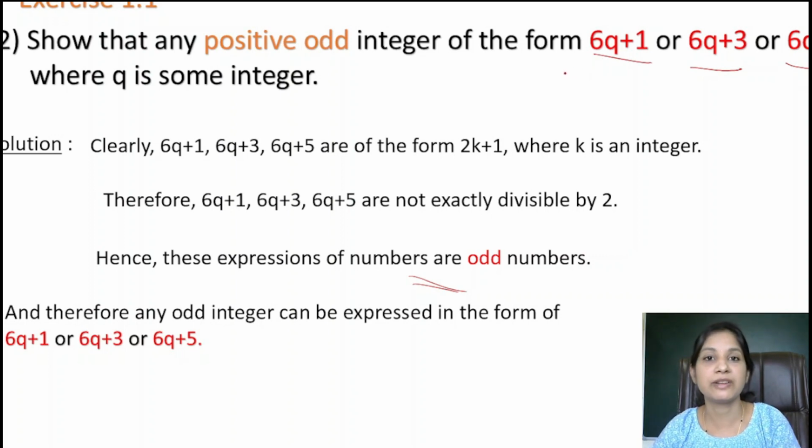If you check whether each is even or odd, you will easily prove the given statement. They have asked for odd here. Yes, we proved that any odd integer can be expressed in the form of only 6q plus 1, 6q plus 3 as well as 6q plus 5.